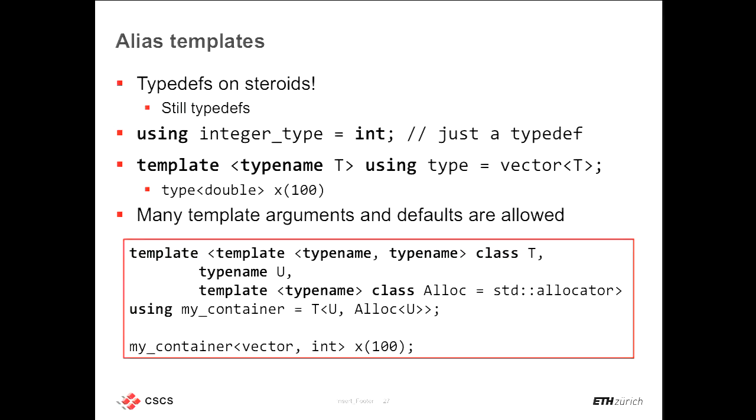Right, so now I can do my container, vector, integer, and this will allocate with the standard allocator a vector of integers of size 100. This is the same code that we had earlier, only that these are swapped because for some reason I did it like that. But the idea is that now there's no implementation here, it's just a typedef with templates.